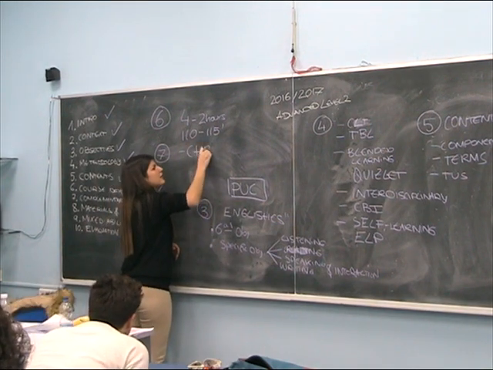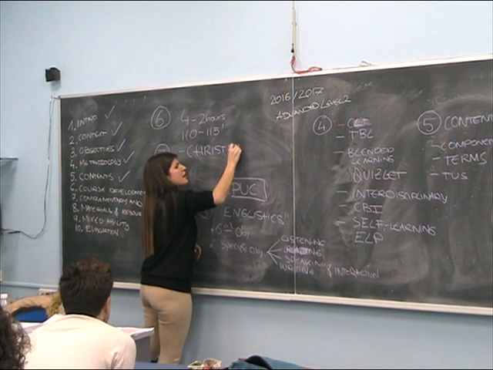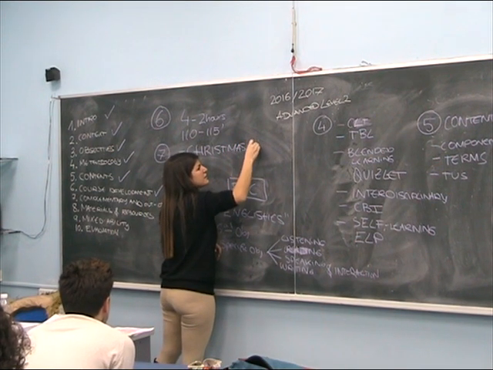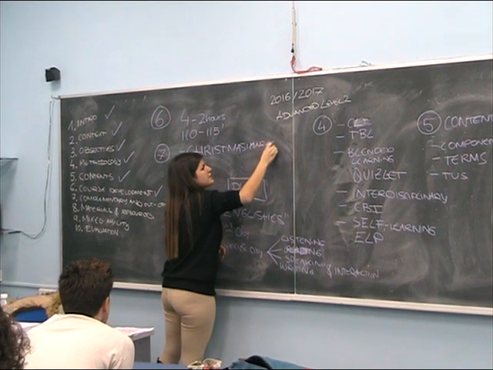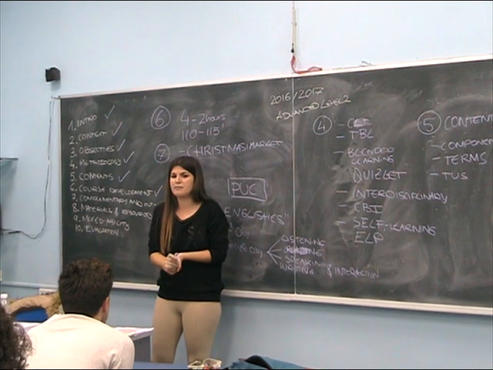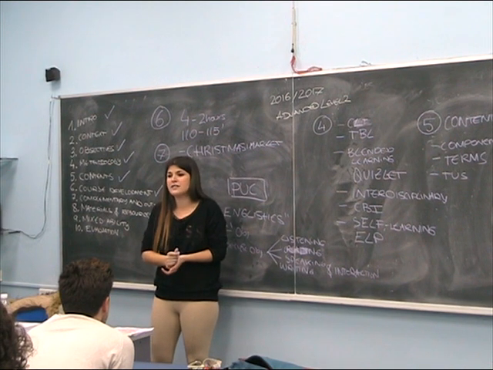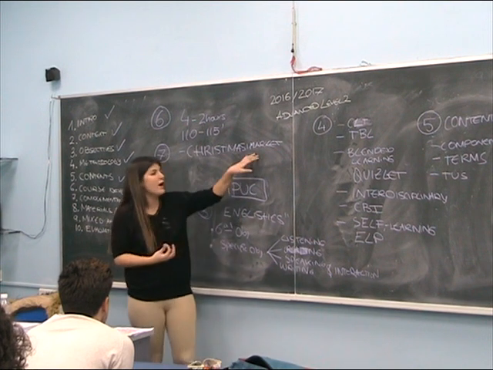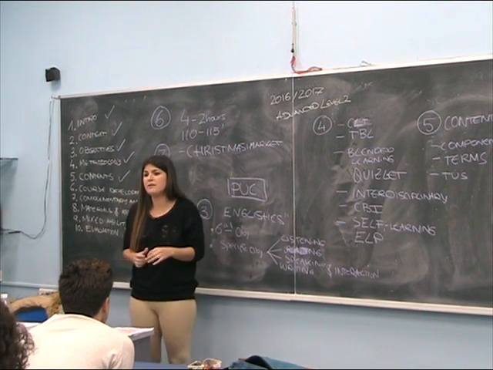So for example, we proposed a Christmas market where students can participate in a jumble sale, bring in some second-hand items, and it would be an activity where all the departments of the school would be involved.